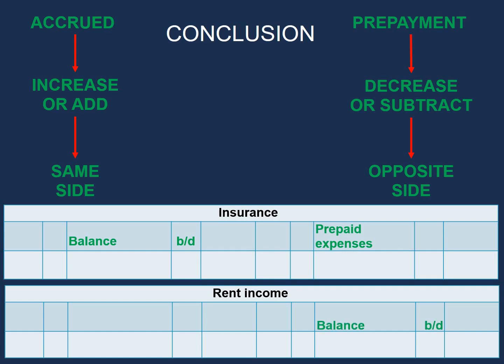And our rent income will have a balance on the credit side since it's an income. But if we encounter an adjustment for income received in advance for our rent income, we will enter that on the debit side. So you can see for insurance and for rent income, we have two transactions and both are on the opposite side of each other.